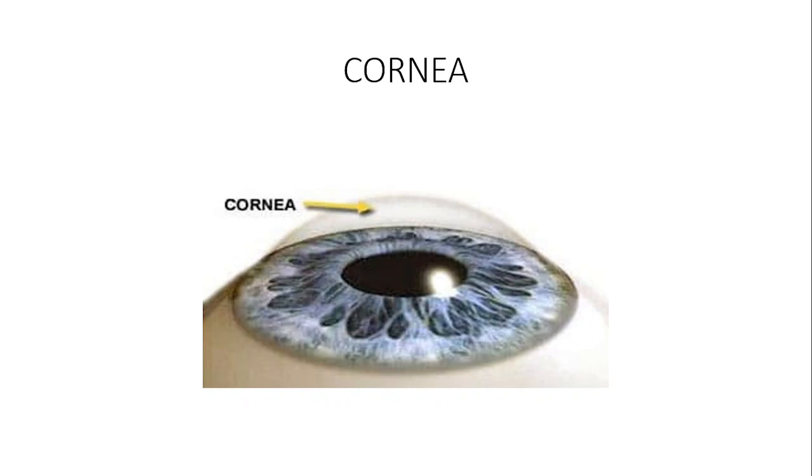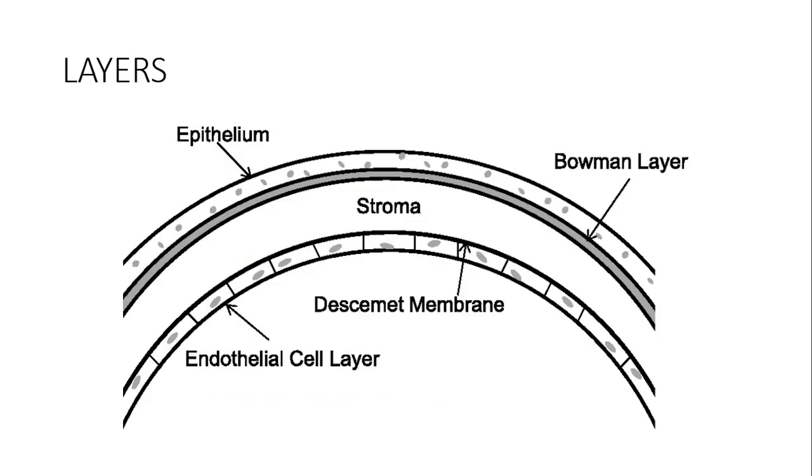So the nasociliary branch has one major branch, which is what? The long posterior ciliary nerve. And this long posterior ciliary nerve also has three major branches.